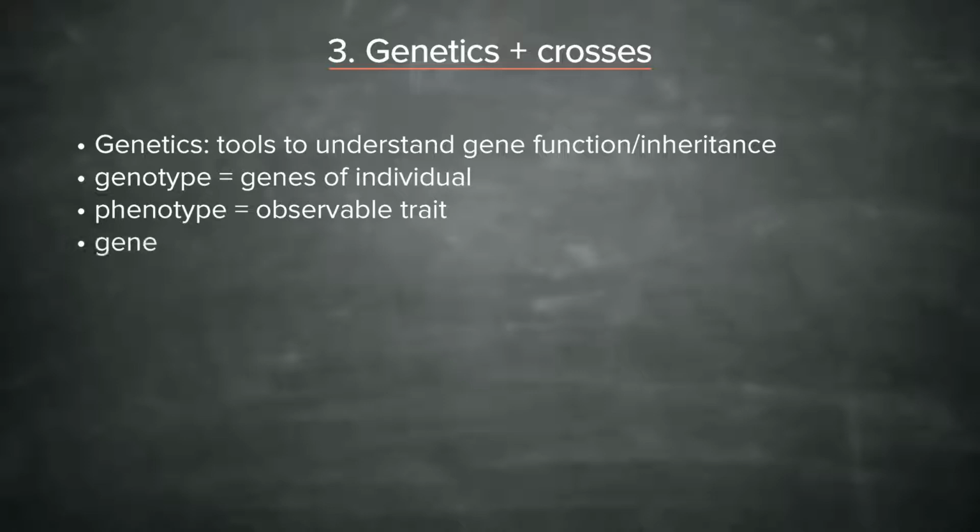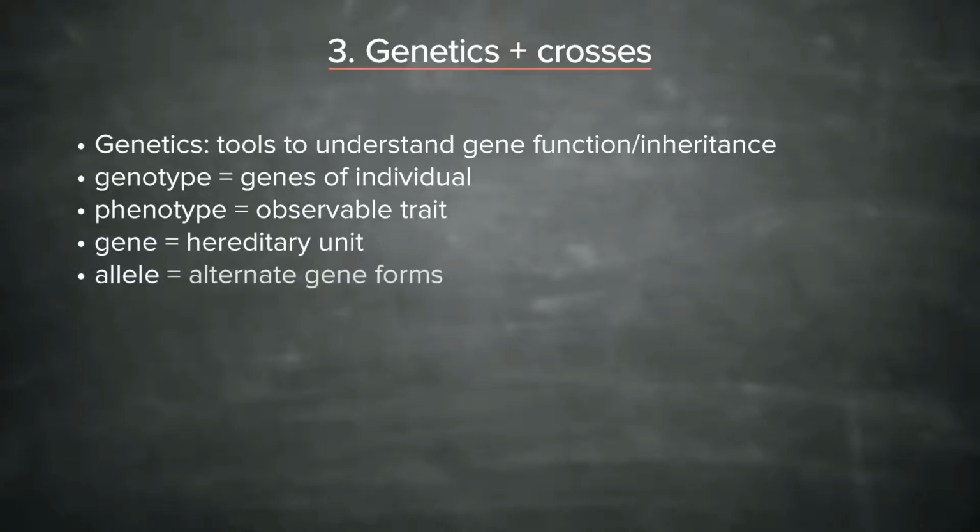Gene, in molecular biology, we talked about the DNA sequence required to make the final product. In genetics, the definition is slightly different. It's a little vaguer. It's referred to as the hereditary unit. Allele, for completeness' sake, we'll write it again, are alternate gene forms.